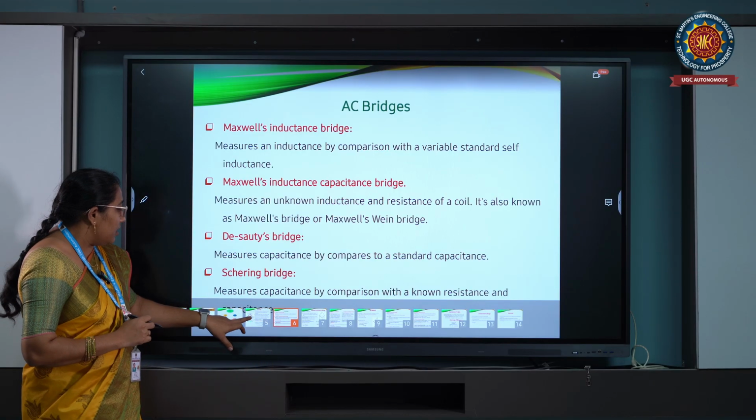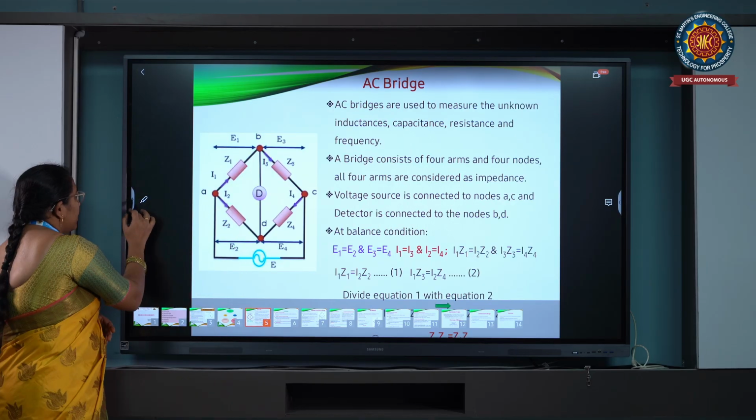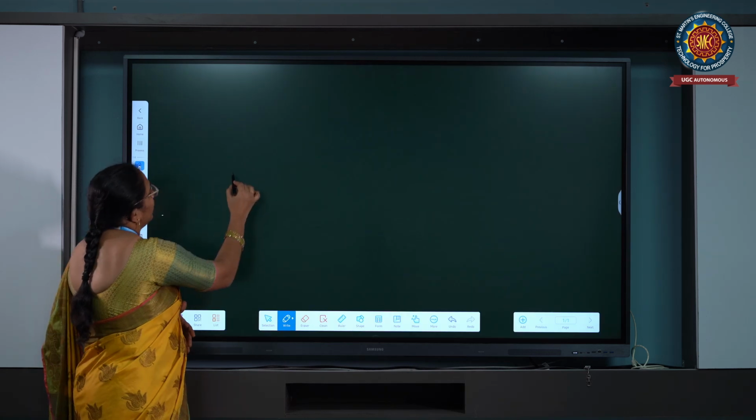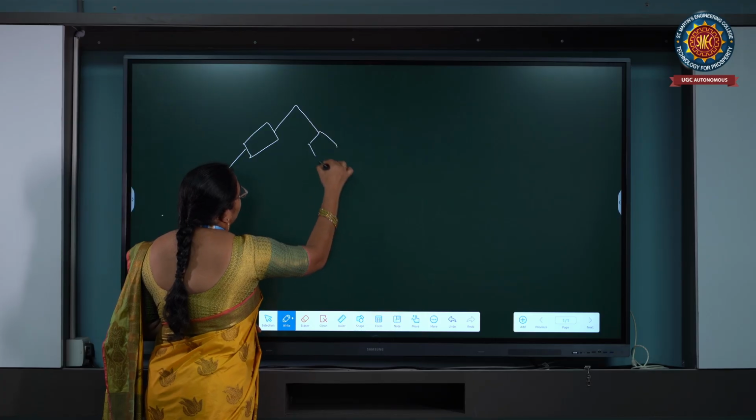So here I am taking one bridge as the reference. See here, I am drawing one bridge like this.